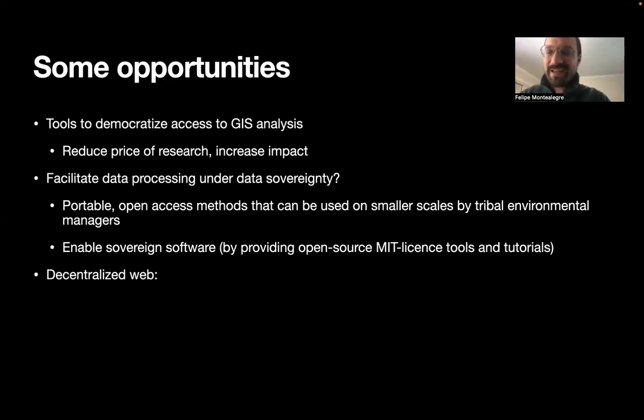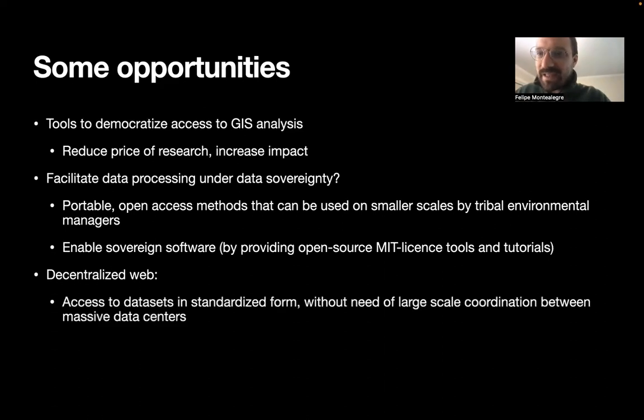And then I know that there's some activity in the decentralized web right now, and in this conference, and I'm not an expert in the decentralized web by any means, but I was reading about it and thinking about it. An opportunity that would be cool, I'm not sure how realistic it is, is having data that is already subsetted in a decentralized way, with the correct infrastructure, the correct metadata, and the correct standards.